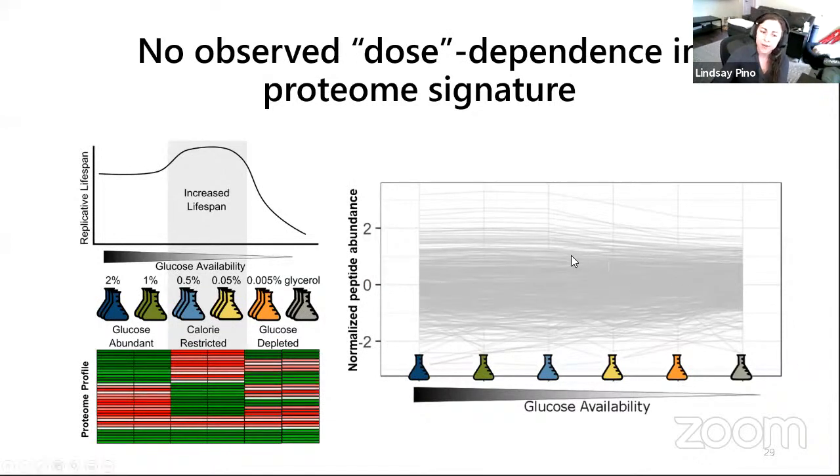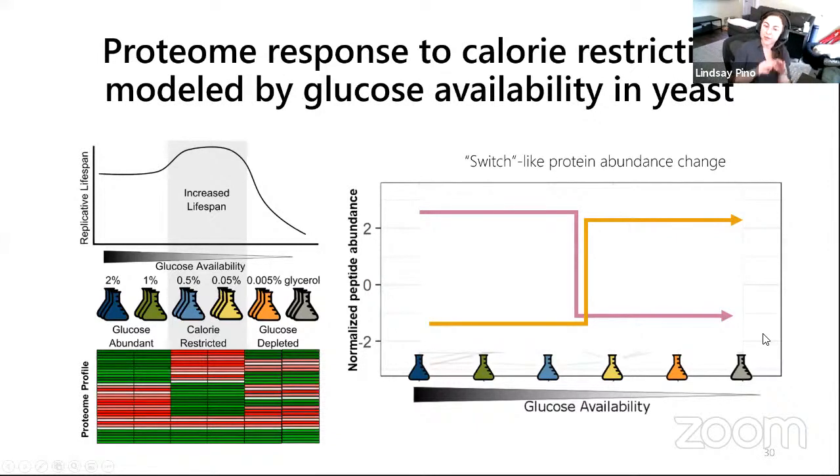But one thing that I did notice when we were looking at this was that some proteins seem to almost have a signature where they're highly expressed in high glucose and then lowly expressed in low glucose, kind of like a switch. So it's abundant at the same level in one condition and then abundant at a different level under a different condition.